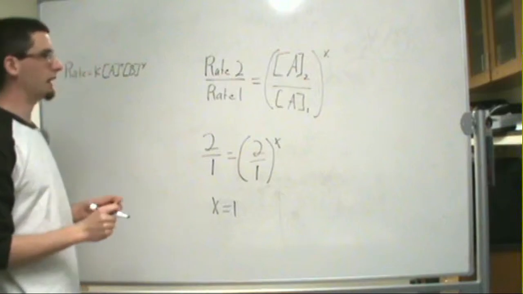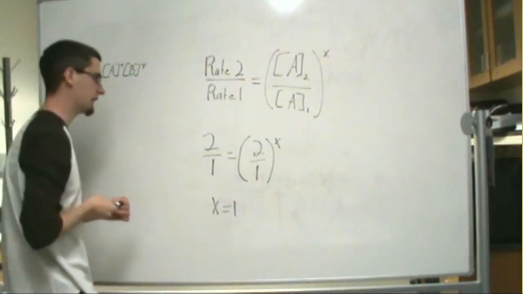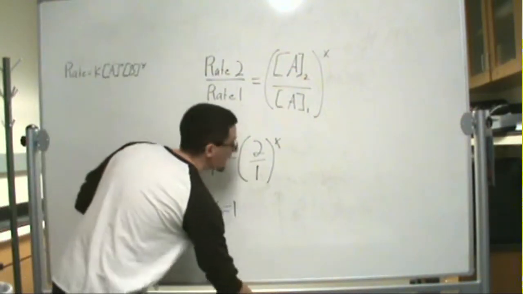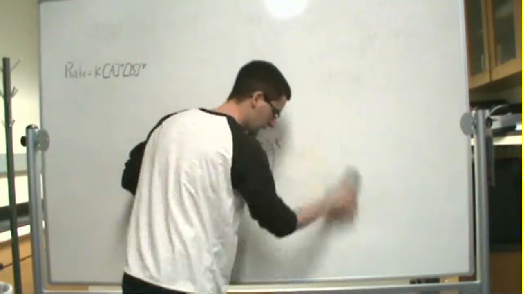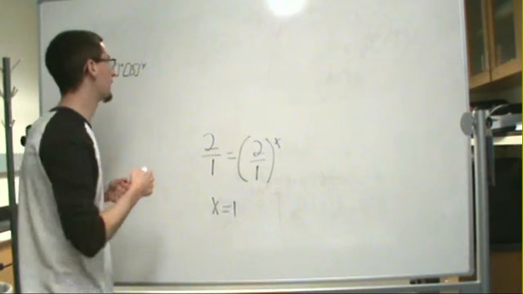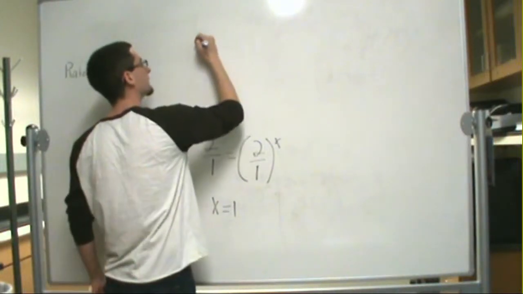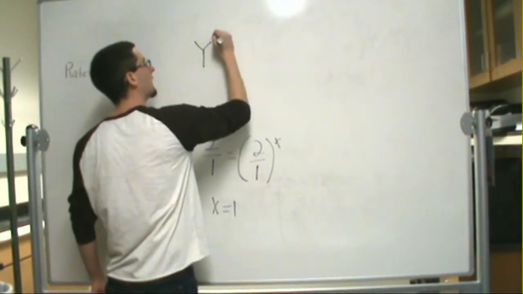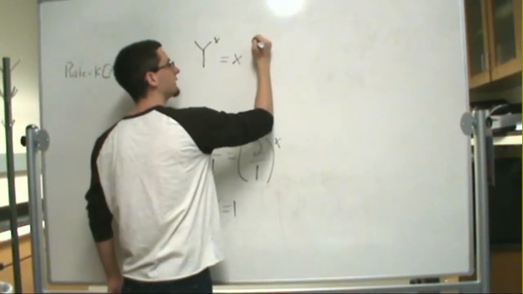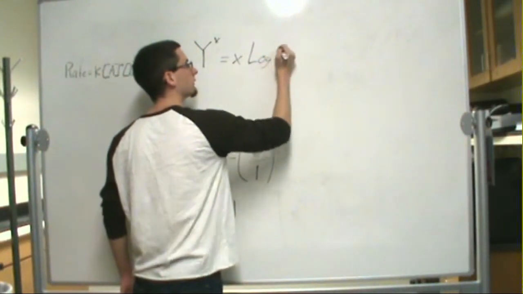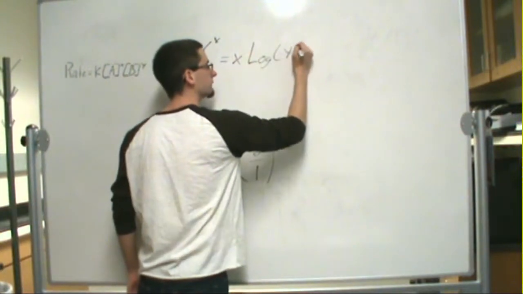But let's go through an algebraic explanation of how this occurs. You actually have to use logs to figure this out. A generic rule of logs is if we have y to the power of x, that is also equal to x times the log of y.